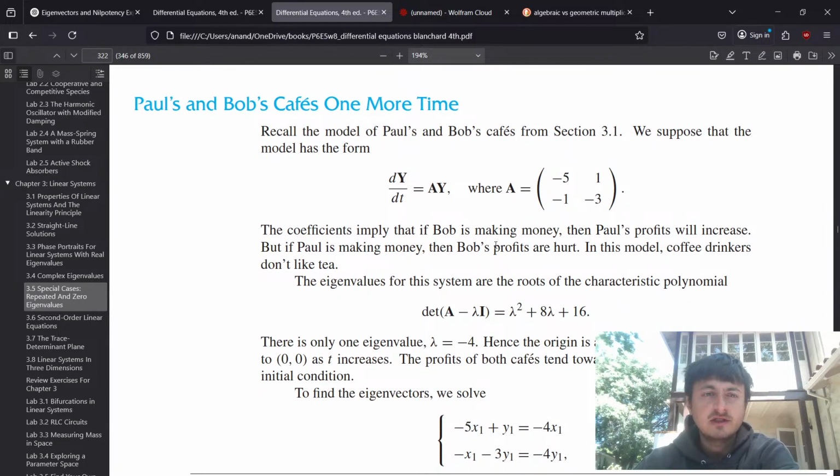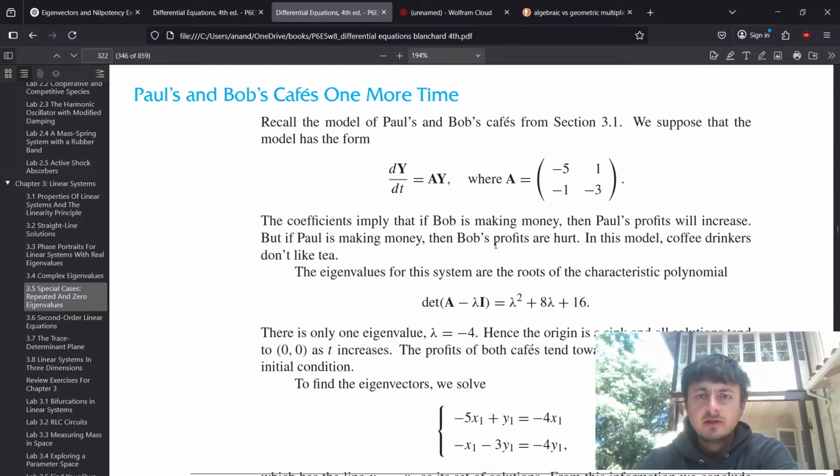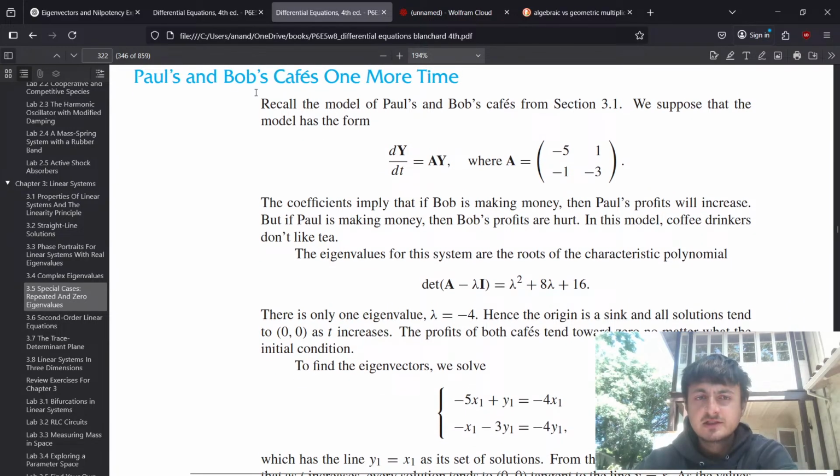All right, Paul's and Bob's cafes one more time. Recall the model of Paul's and Bob's cafes from section 3.1. Suppose that the model has the form y prime equals Ay, where A is equal to this.